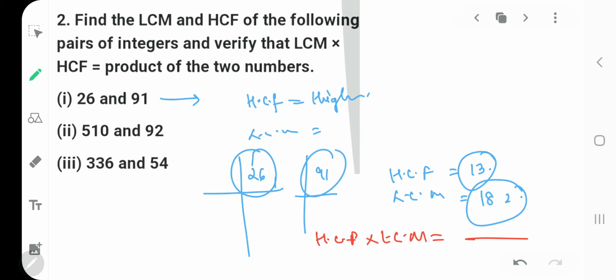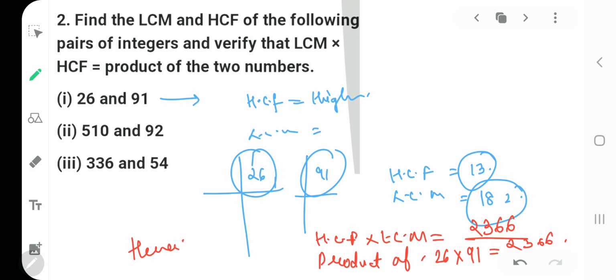I guess the product of HCF and LCM is 2366. And you have to take product of the two numbers given. Which are the two numbers given? 26 and 91. And for that also the product will be 2366. So once you got both the product, you can say hence verified. What you have verified? That HCF and LCM ka product is equal to product of two numbers. Similarly, you can go for your second and third.